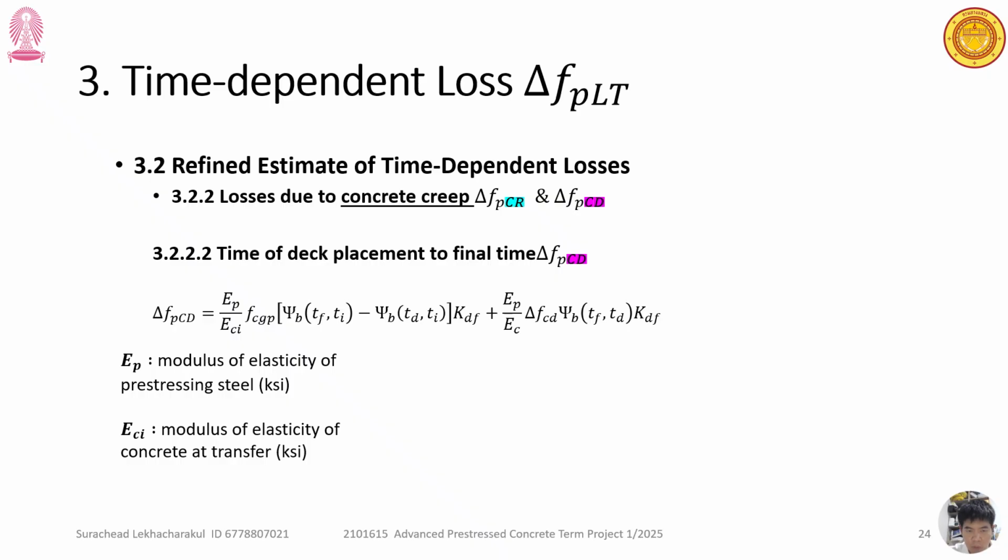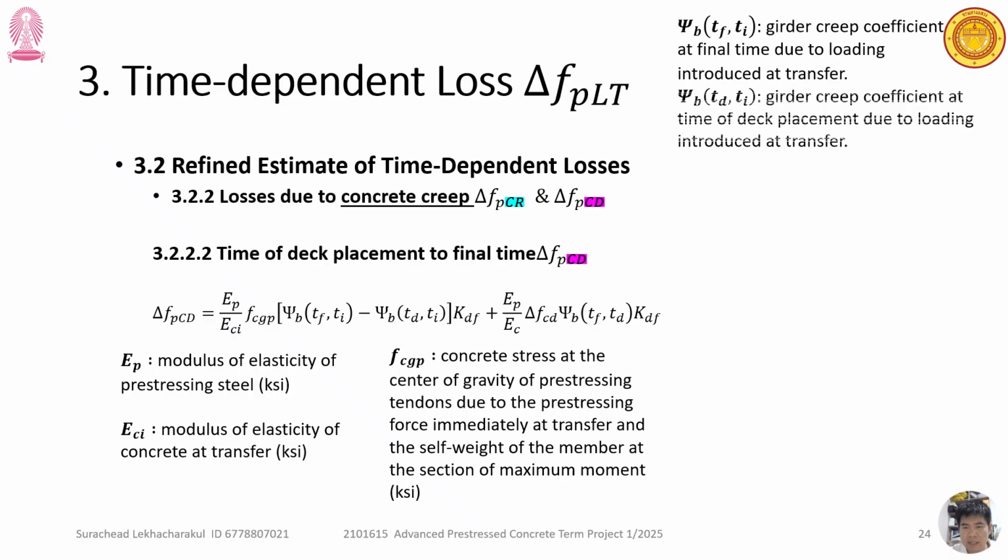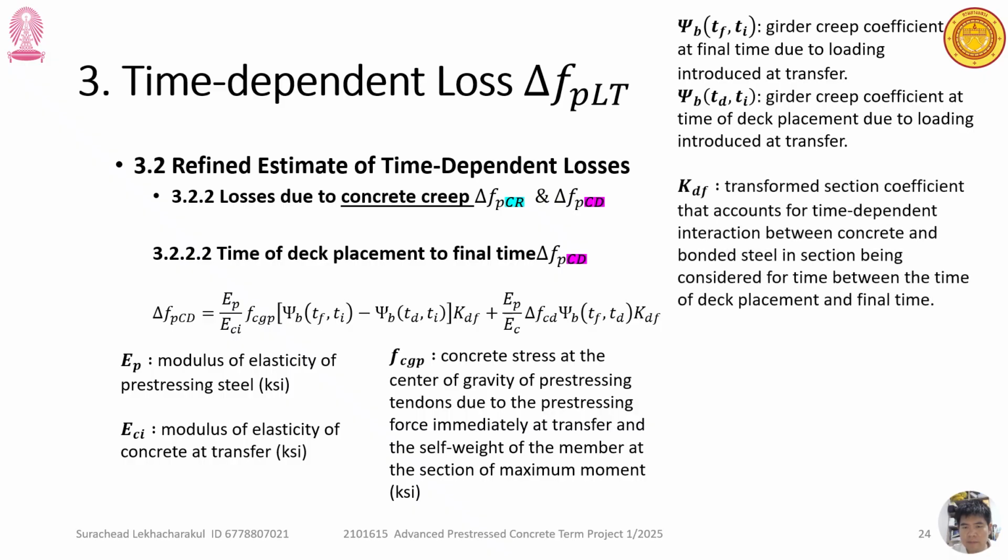Okay, the most complicated formulation that I see is delta FPCD. It depends on so many variables. FCGP, the concrete stress at the center of gravity, is the same as I mentioned before, and you will see the capital psi.